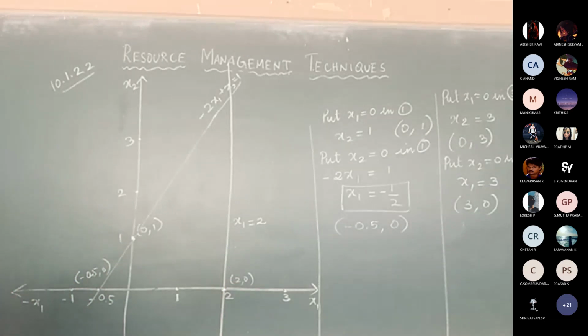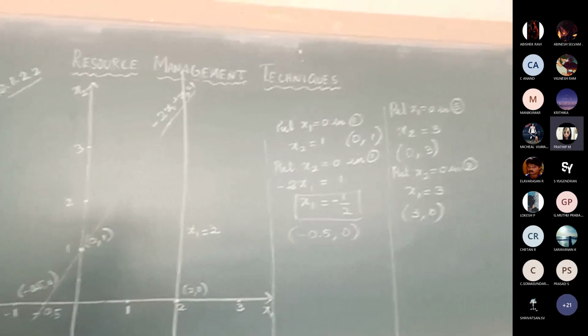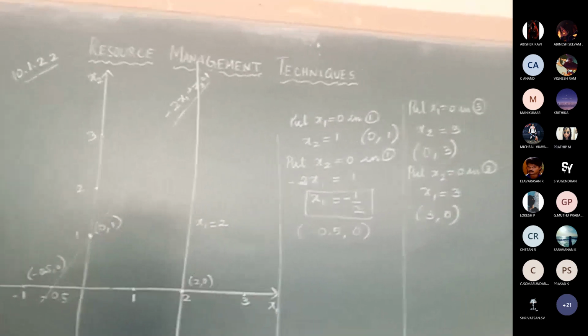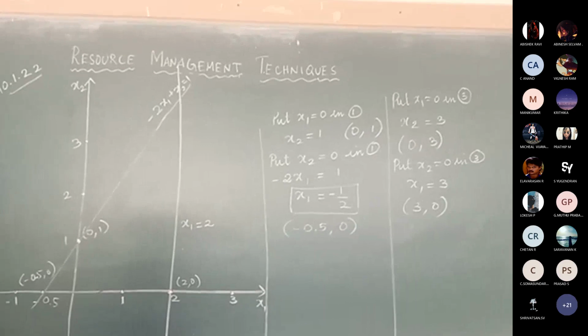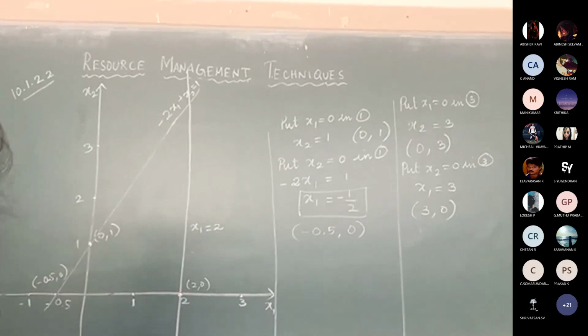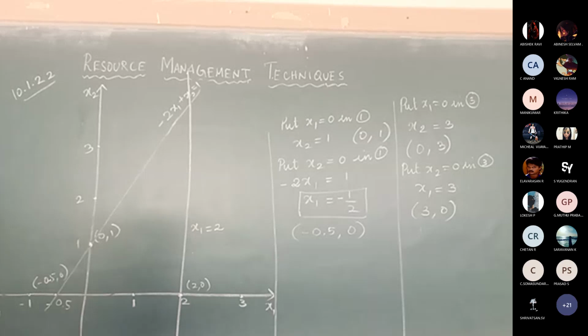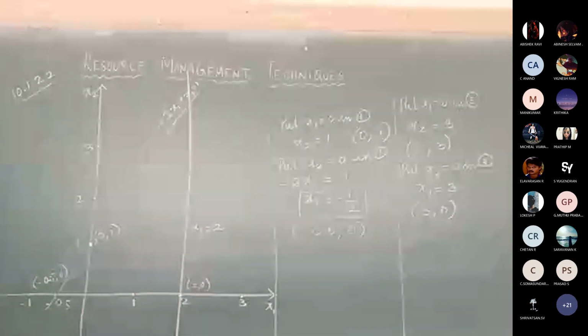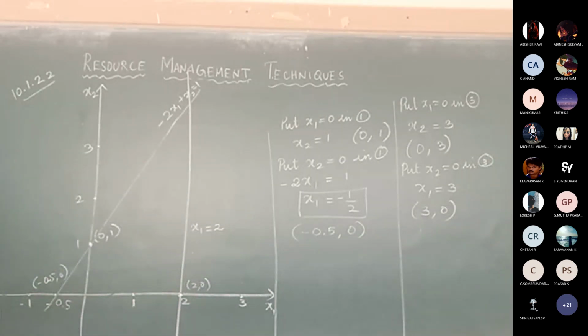Your third equation... Board is not visible, ma'am. It is glaring. Board is not shown now. Board is actually shown. I think it is glaring. Okay, just today you just see for this. I will try to get into another class.